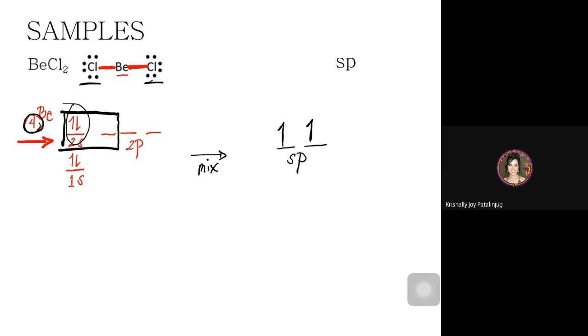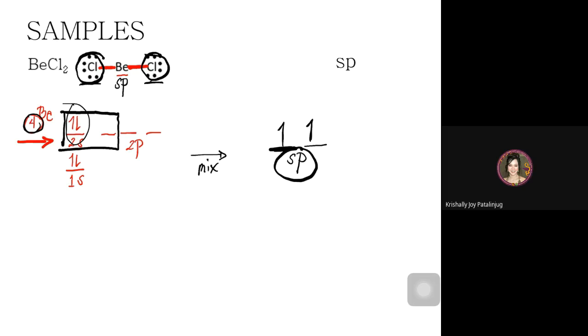So, yung isang sp na half-filled, it will form an overlap with this chlorine. The other sp hybrid orbital ng beryllium will form an overlapping mechanism with the half-filled orbital ng other chlorine atom, forming the covalent bond. So, sp hybridized yung beryllium dito. Alright?